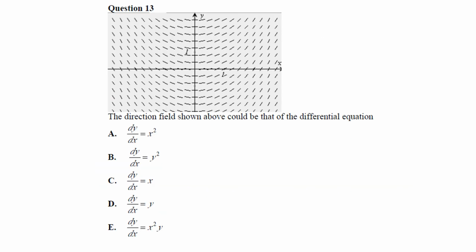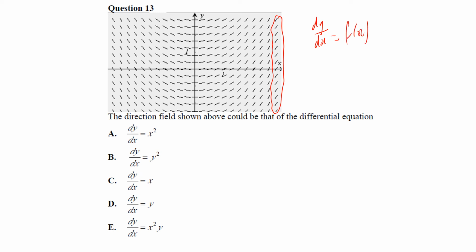Okay, let's have a look at this one. It's a directional field. So feel free to pause at any point if you want to have a go on your own, but let's have a look at it. So the first obvious characteristic that I'd like to highlight would be the fact that, again, our slopes are uniform in the vertical direction, which means our dy dx must be a function of x only.